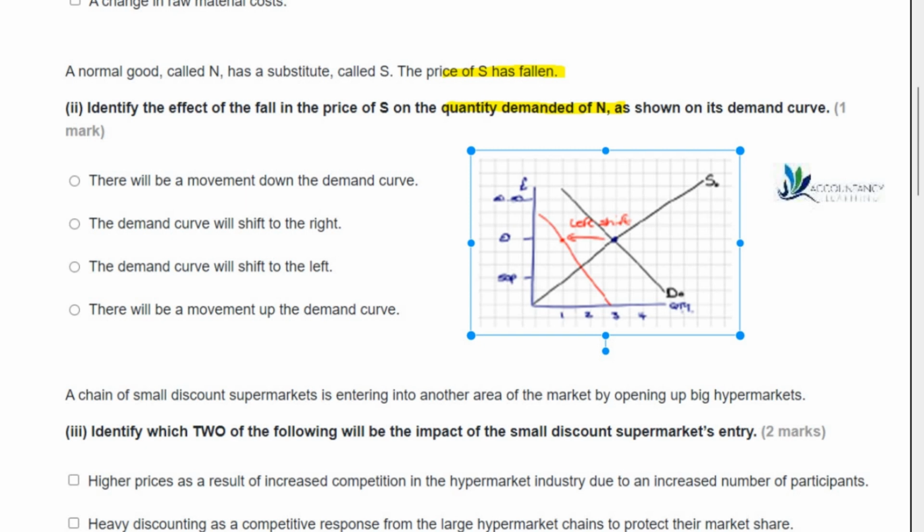So here then on the demand curve, you can see that at whatever price N was at, the demand is going to lower, so we're going to be going this way on our quantity bar, and therefore the demand curve is shifting to the left.